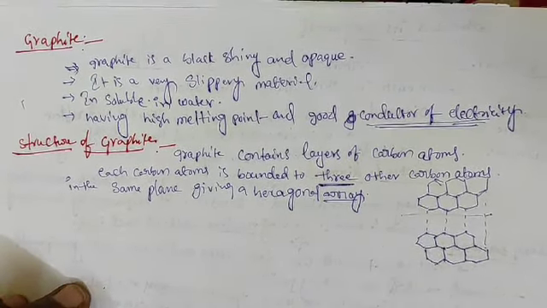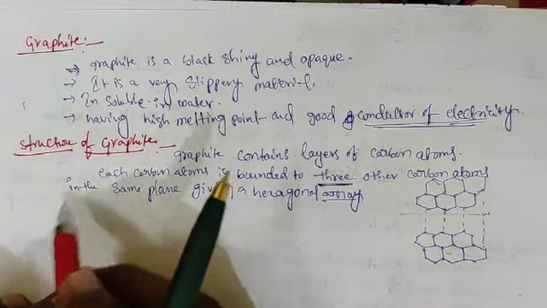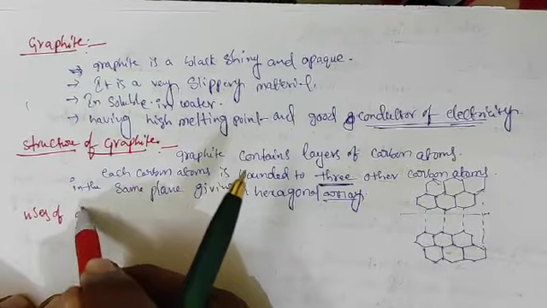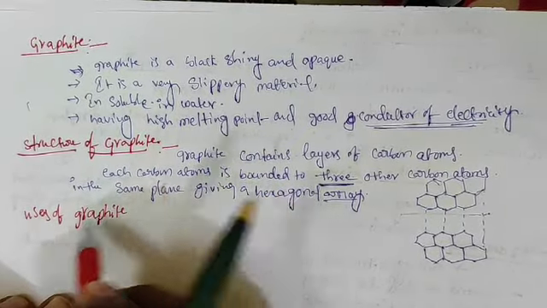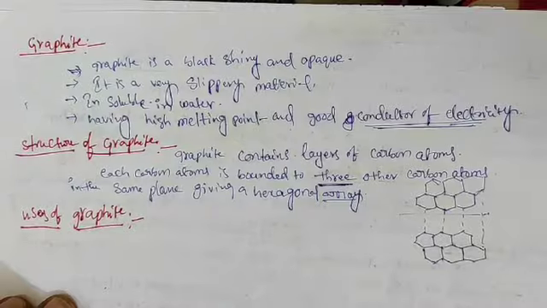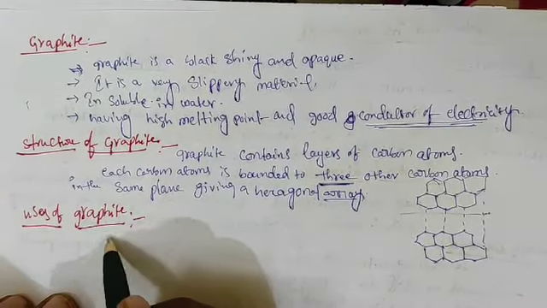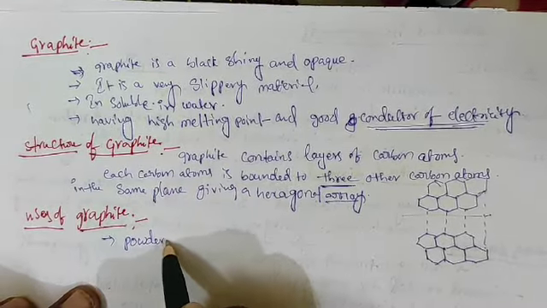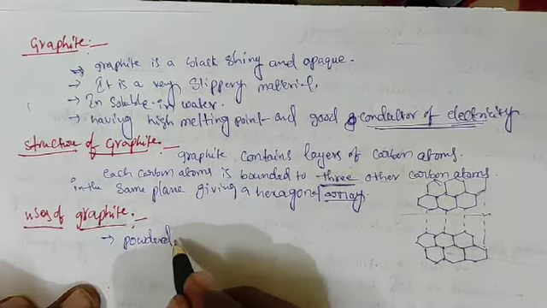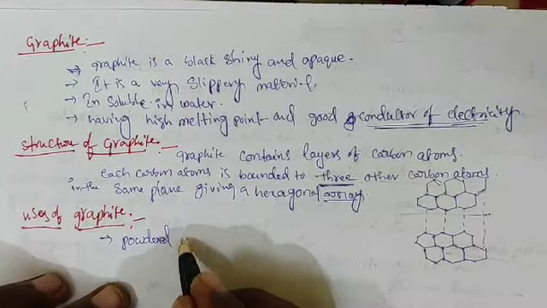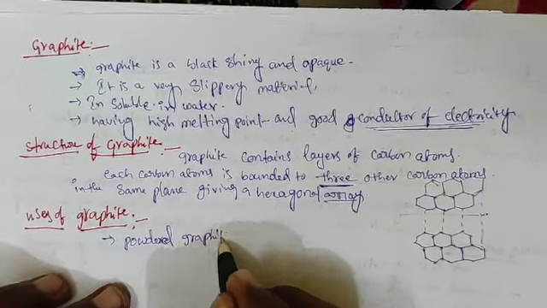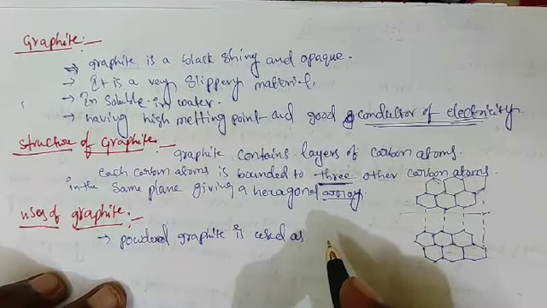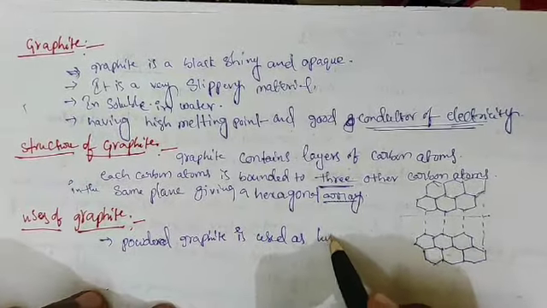So next, uses of graphite. Powdered graphite is used as lubricant.